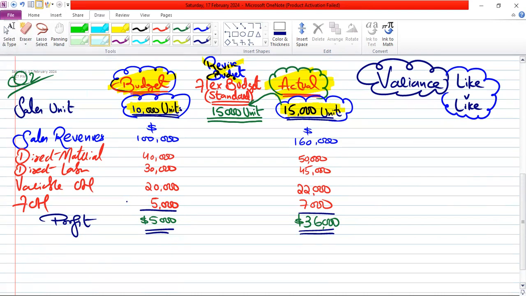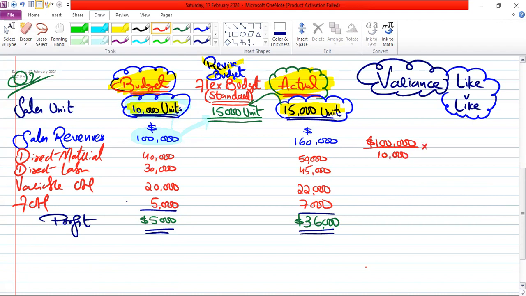Look, the revenue budgeted was how much? 100,000, for how many units? 10,000. If the budget is not on 10,000 but on the basis of 15,000 units, what is it supposed to be? 150,000. So my budgeted sales was 100,000 for the 10,000 budgeted units.